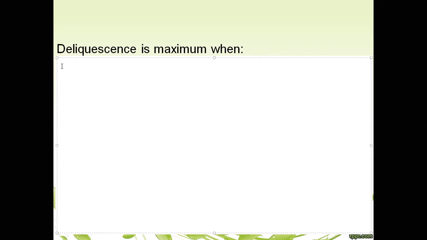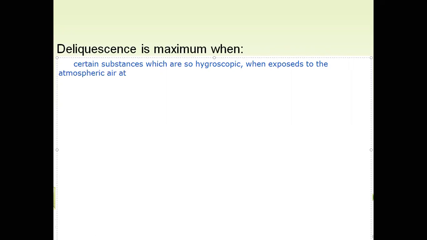Certain substances which are so hygroscopic, when exposed to atmospheric air at ordinary temperatures, absorb enough water and get completely dissolved.